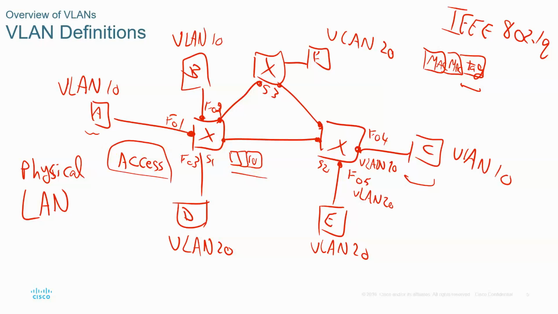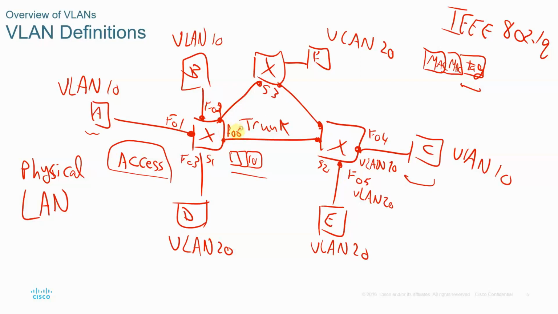So this port will actually be defined to be in the trunk mode. The trunk mode is where you can actually have more than one VLAN. Okay. Now, so the link that is connecting S1 and S2 has to be configured in the trunk mode. And it has to be configured in the trunk mode on both switches.